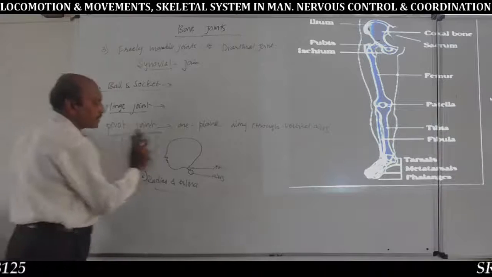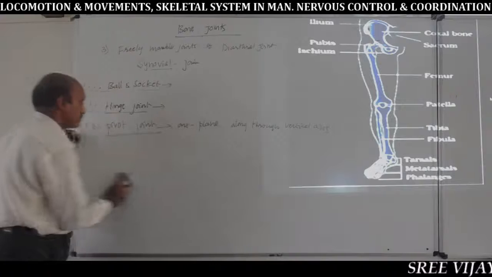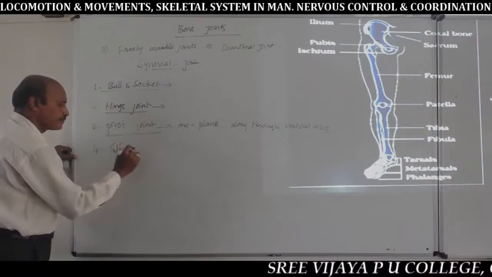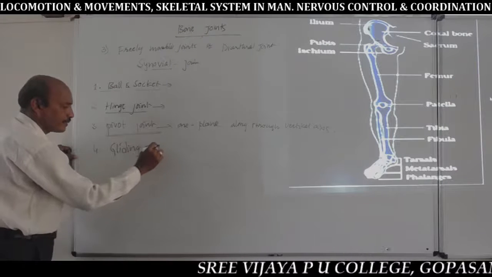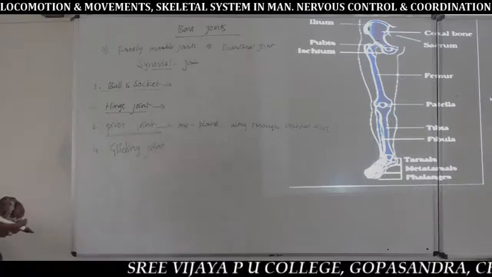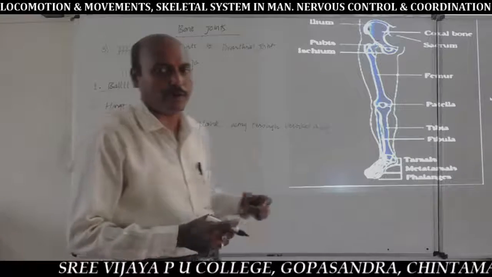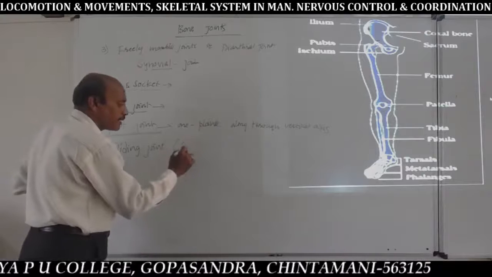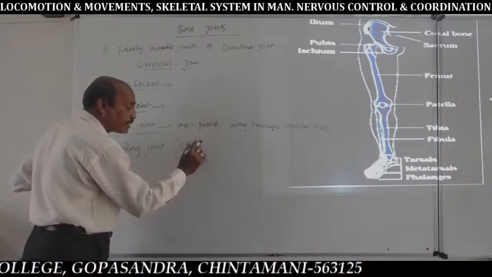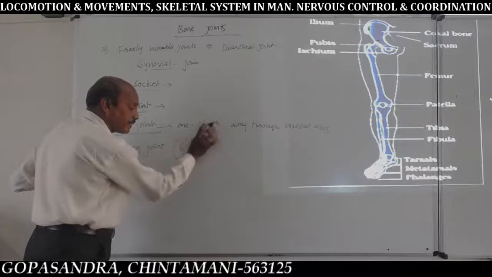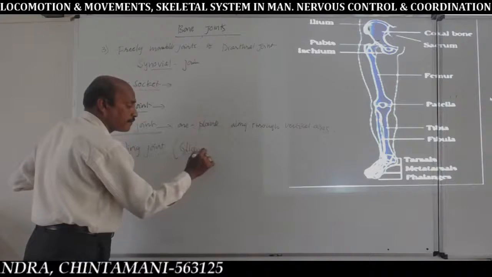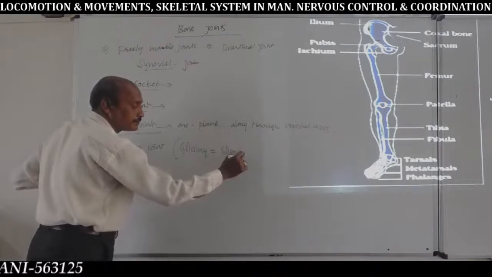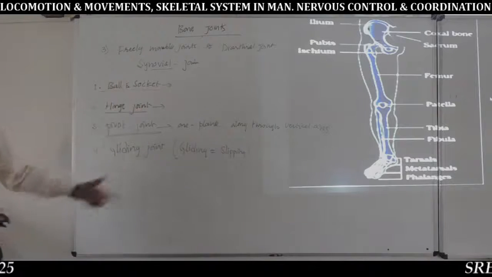Next to the pivot joint is the gliding joint. You should remember, for easy identification of the gliding joint, gliding in Greek means slipping, slippery moving.